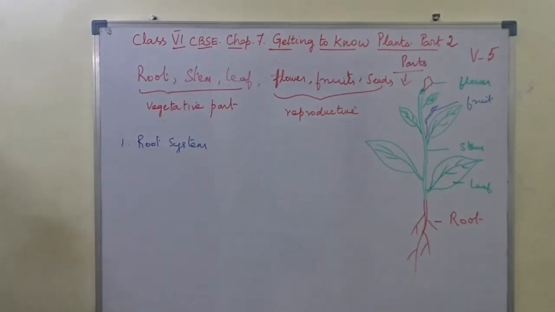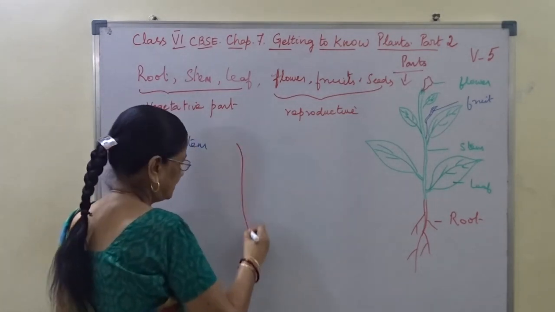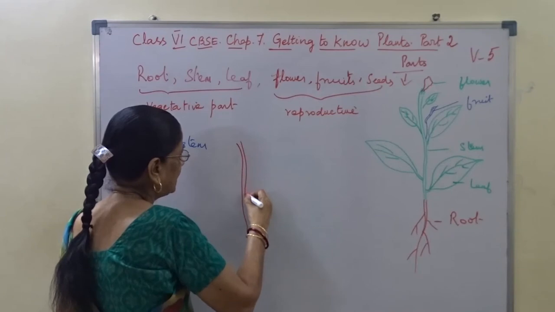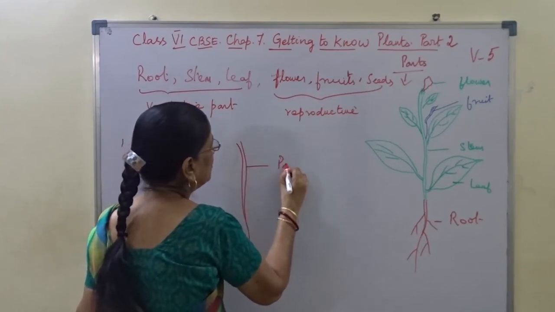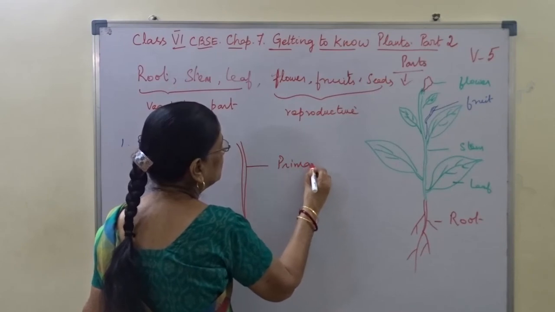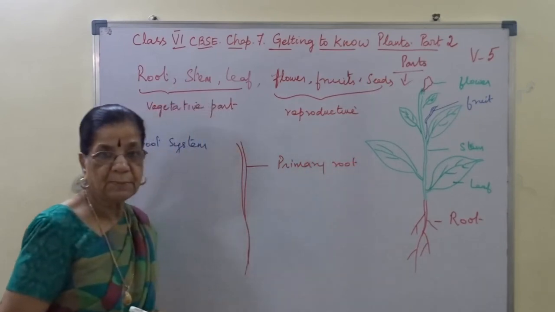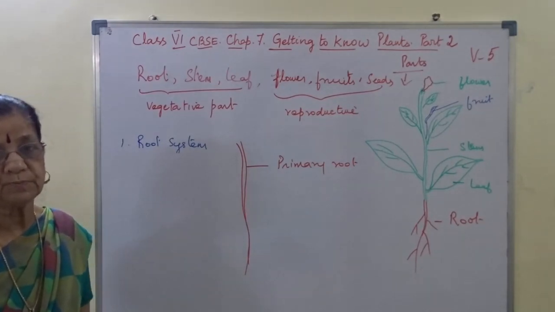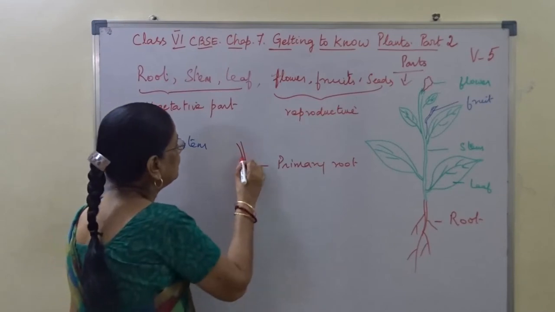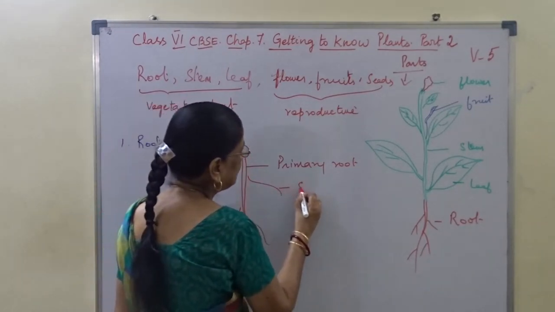Now this root system has a central thick taproot that is called the primary root.